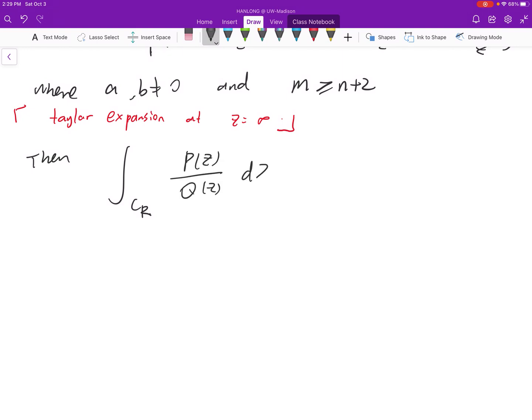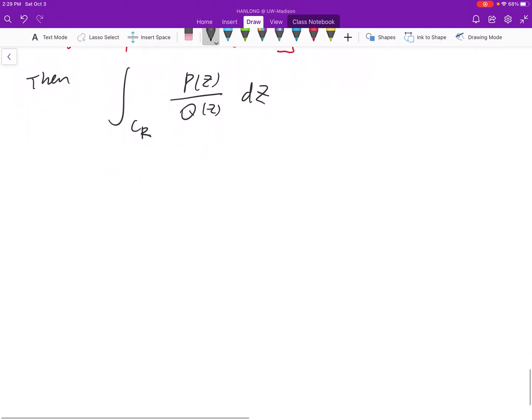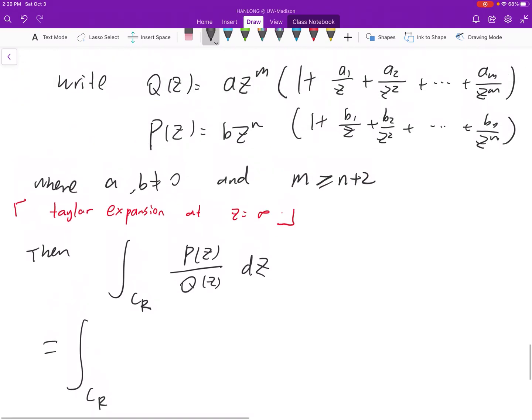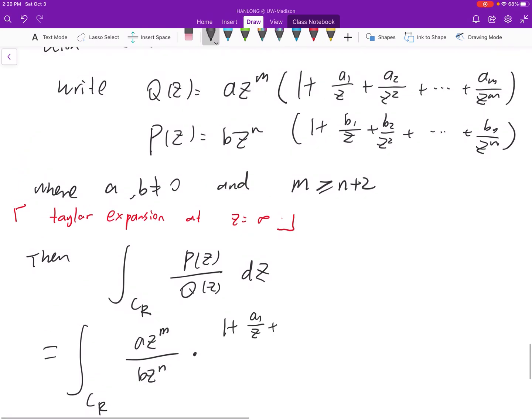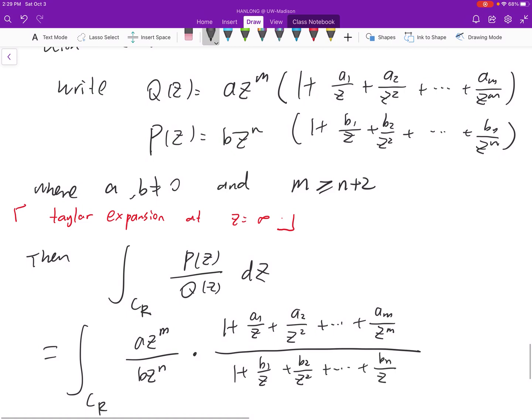First let's plug in the previous formulas.